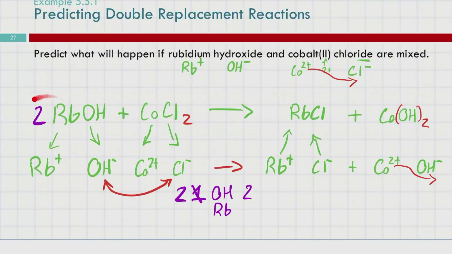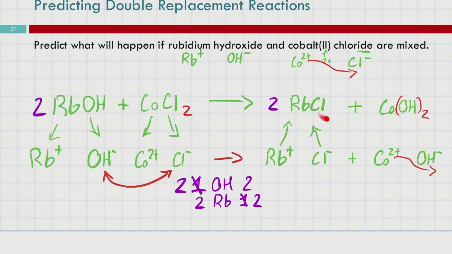For rubidium, we've got 2 on the left side, and we've only got 1 on the right side, the product side. So we need to add a coefficient of 2 in front of RbCl, and that'll get our rubidiums balanced. When we do that, the chloride also changes.